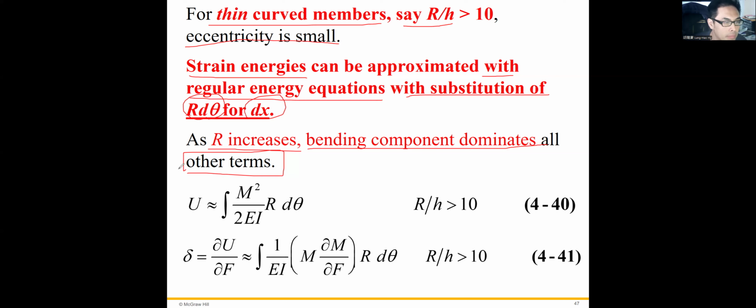So for the thin curved member, only the bending moment is taken into account, and we can evaluate its deflection with the single energy term of bending, replacing the dx with R d theta.